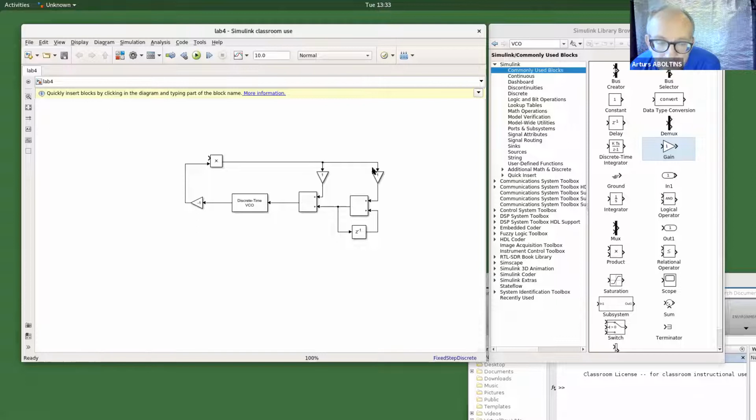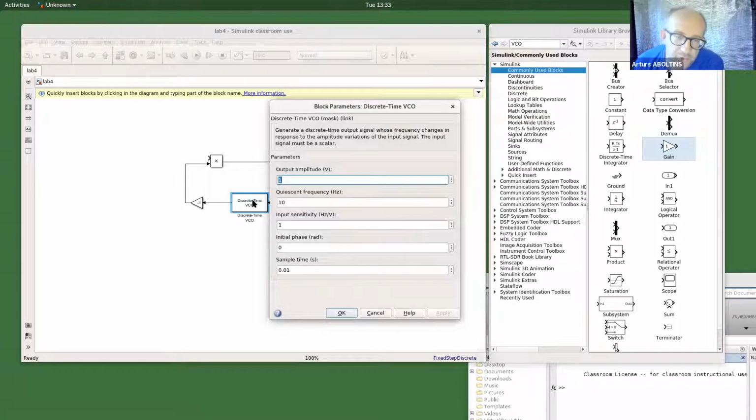These are two parameters which need to be calculated using some sophisticated formulas. And also the VCO gain we have to configure correctly. In the lab work description, if you read it carefully, it says input sensitivity must be K0 divided by T. Yes, and then we need this parameter T.